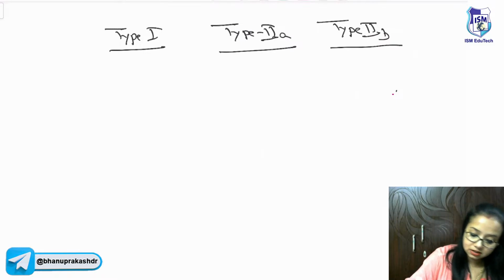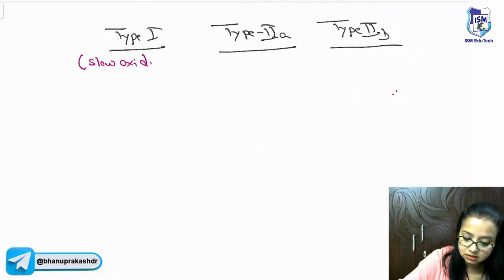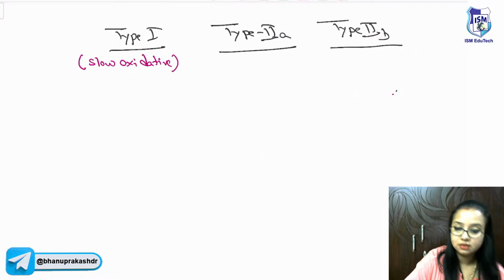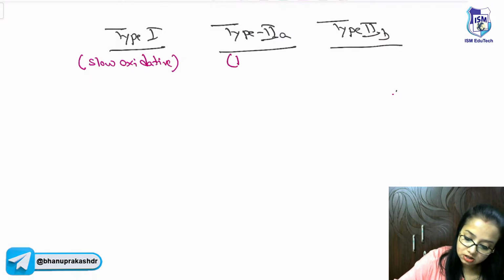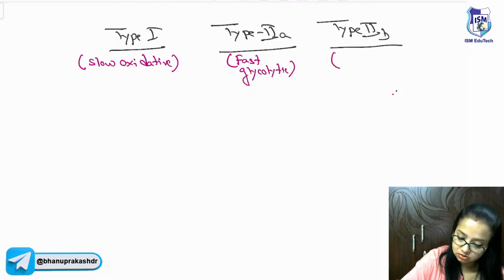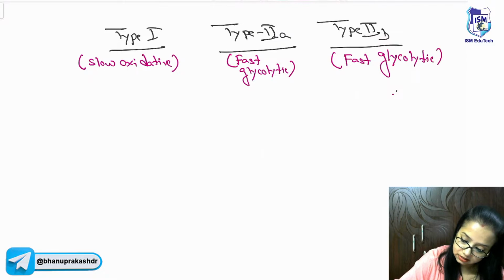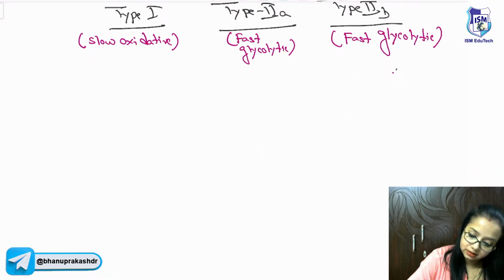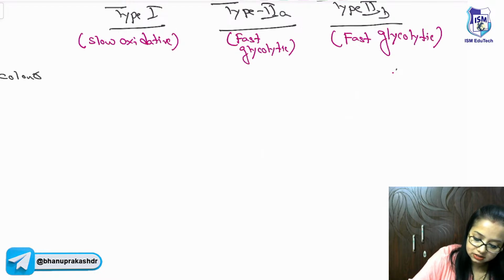First, we will go with the synonyms of it. Type 1 is also called slow oxidative type of the muscle. This is called type 2A, fast glycolytic, and this is also fast glycolytic. Okay. The first characteristic is the color.